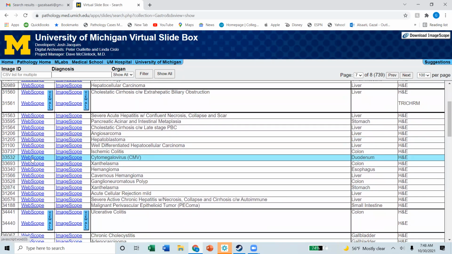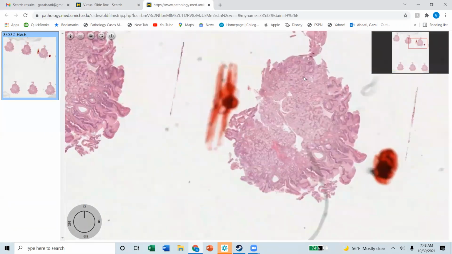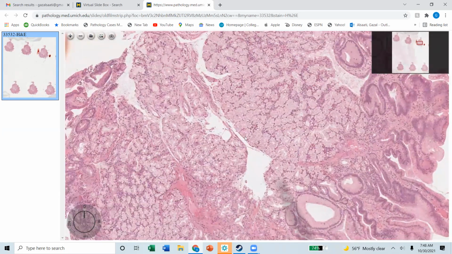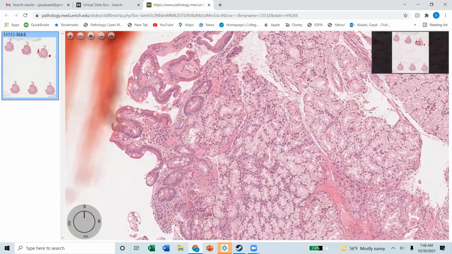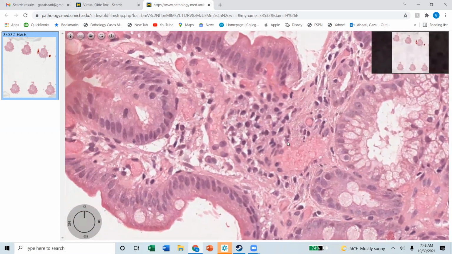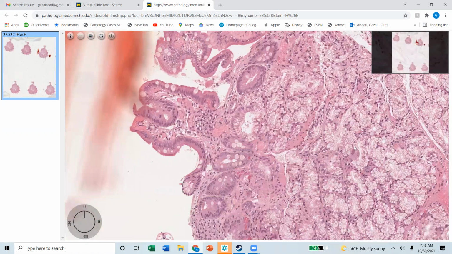CMV, another case of a duodenum on H&E only. Let me just go to the dot. Oh my God, they're training us to find CMV on H&E. There was one nice one over there. You found it?